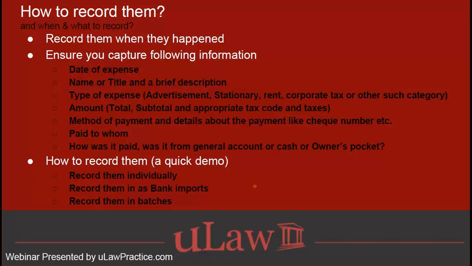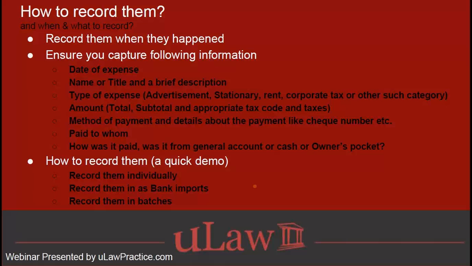So if you're able to build a bit of a science, a bit of a discipline around coming up with these different types of expenses, be it advertisements, stationery, they not only allow you to keep a tab on your business expenses, they actually will help you when the time comes to file your taxes too.